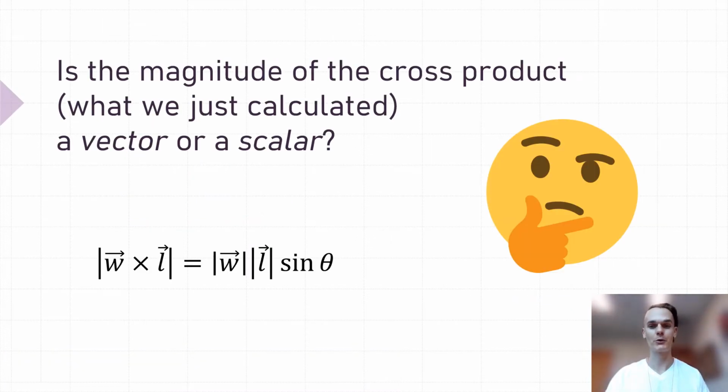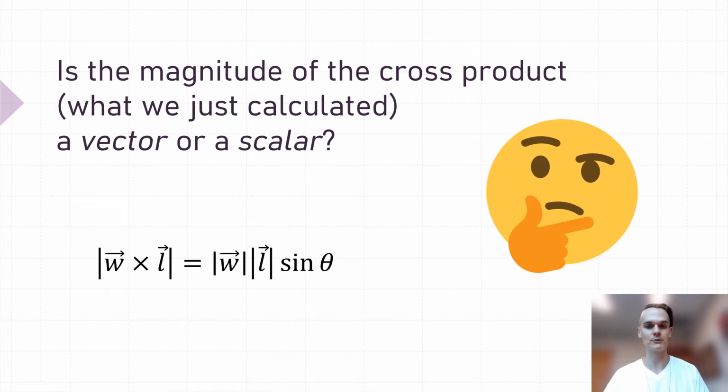So I put a note on the previous slides about the properties of the cross product and what we were calculating. Was what we just calculated the whole picture? Do we have all of the information about the cross product by calculating the cross product magnitude? And the answer is no. Remember that the cross product outputs a vector, and a vector has magnitude and direction.